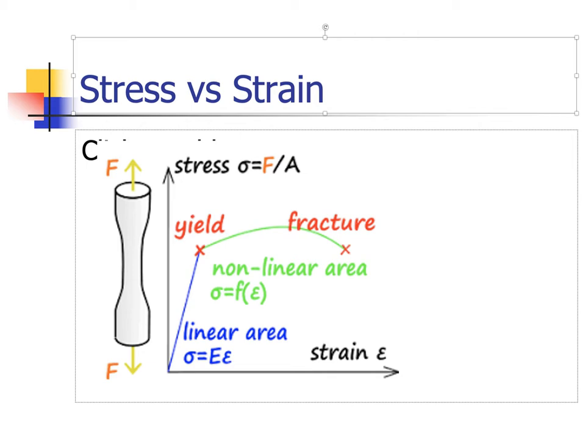Stress is equal to force over area. So now, let's say we plot what we just found a second ago. We found that it was 31,000 pounds per square inch. So on this axis, we go to 31,000 pounds. Let's say it's right here.